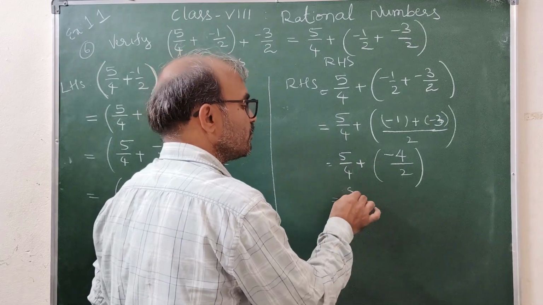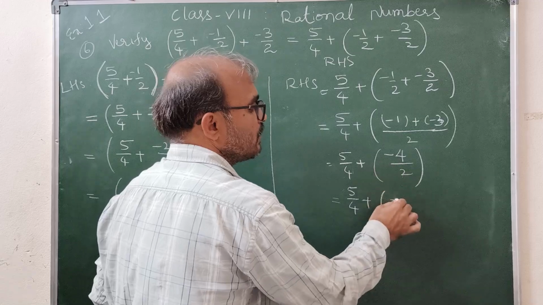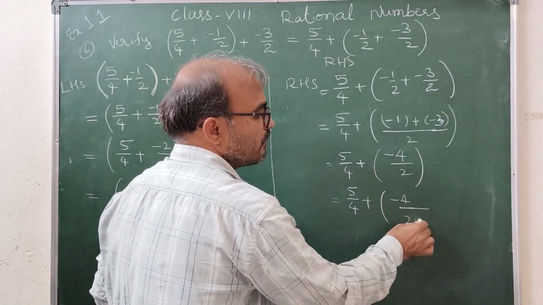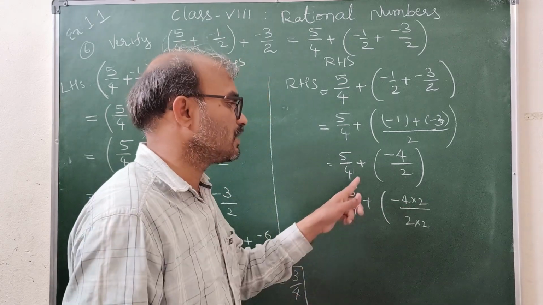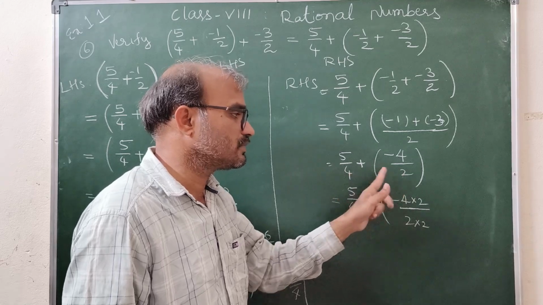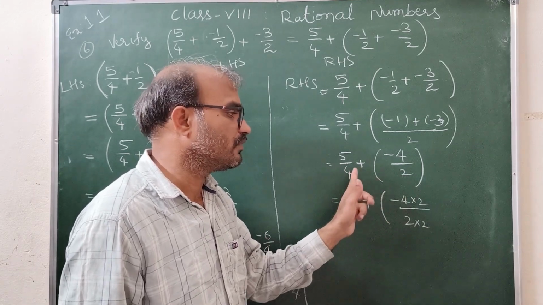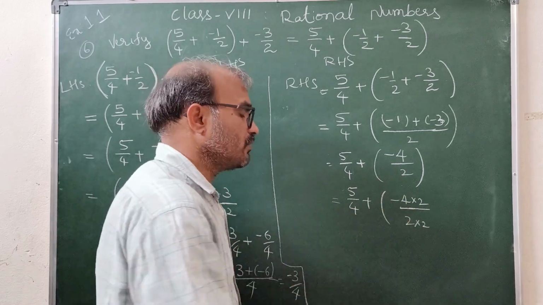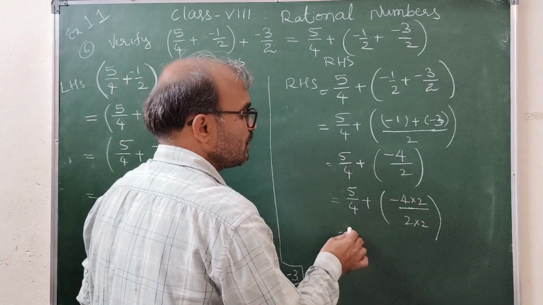Whatever you do will be correct only. 5 by 4 plus, you do here minus 4 by 2. Again you write the equivalent fraction, minus 4 by 2 into 2. As I have to add, for simplification both the denominators must be the same. Here 4, here 2. In the 2 table you will get 4. 4 is a multiple of 2. That is why I am multiplying numerator and denominator by 2 to get 4 in the denominator.